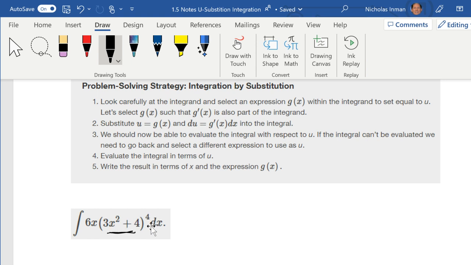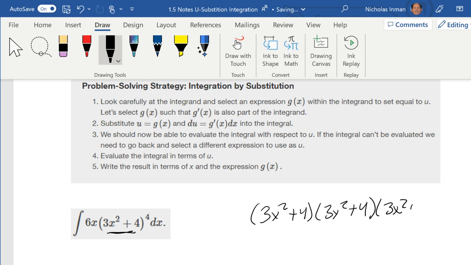Like, we could do 3x squared plus 4 times 3x squared plus 4 times 3x squared plus 4, and then multiply by 6x. You could just distribute this all out. Get this giant, it'd be 2, 4, 6, 8, ninth degree polynomial, and then do the power rule. That would completely work. But that's so much work.